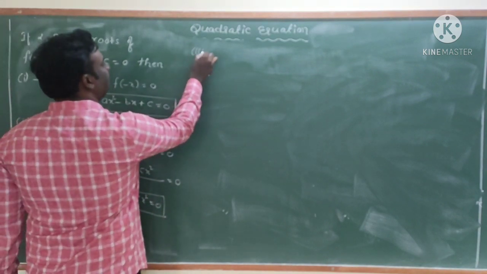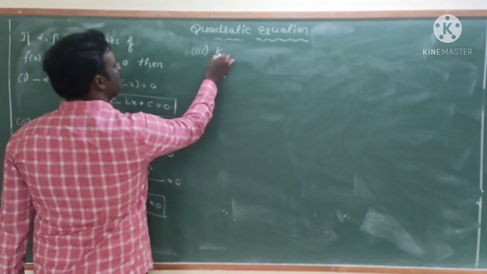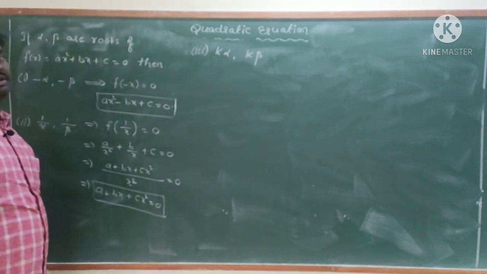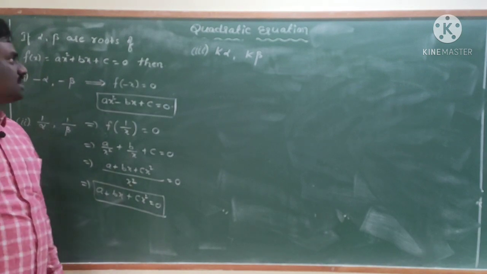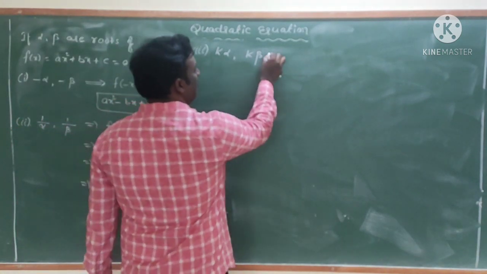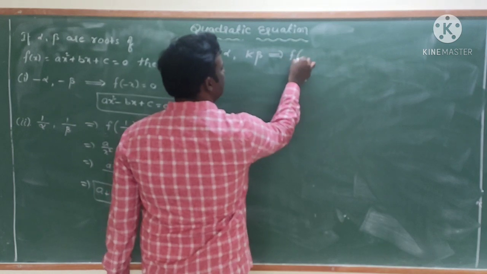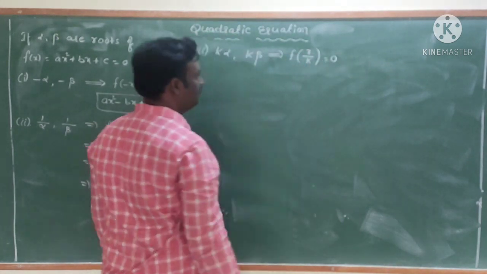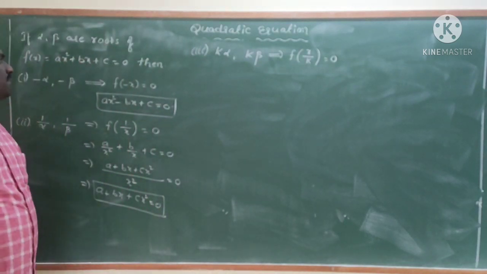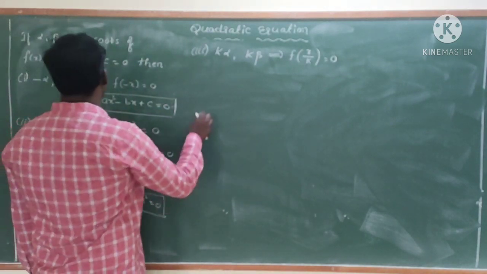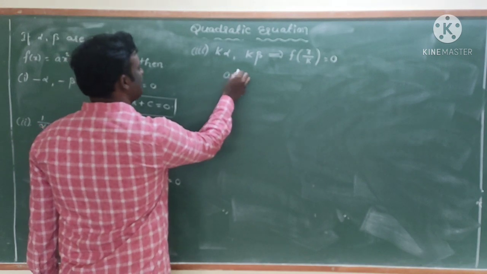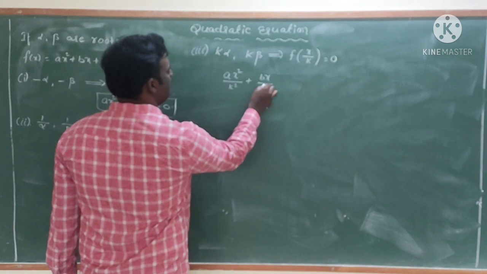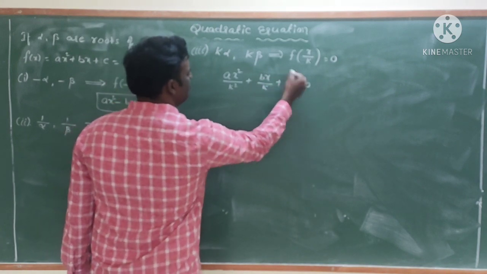Third point, if the roots are k alpha, k beta, where k is a constant, then the quadratic equation is f of x by k equals 0. F of x by k equals 0 means we can substitute a x square by k square plus bx by k plus c equals 0.